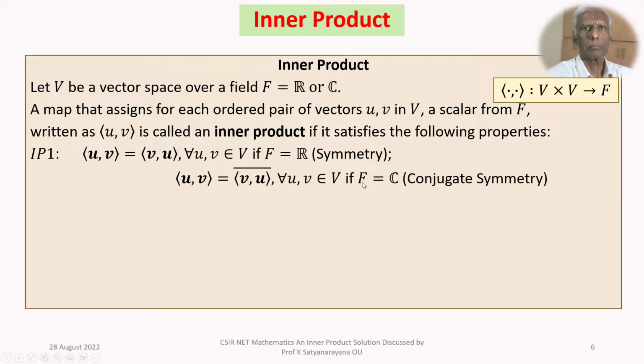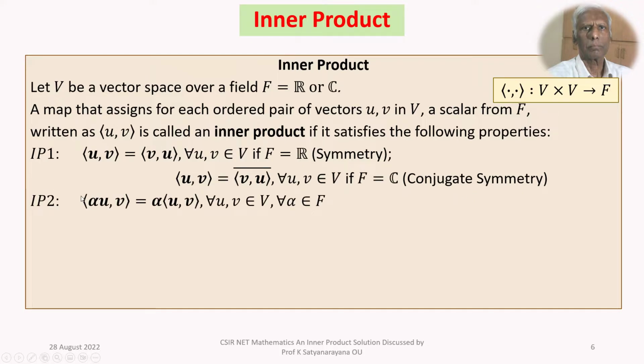In the case when F is the field of complex numbers, bracket u comma v is equal to the complex conjugate of bracket v comma u for all u, v belonging to V. This property is called the conjugate symmetry property.